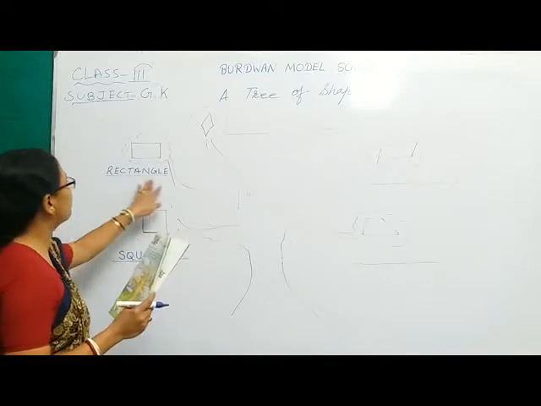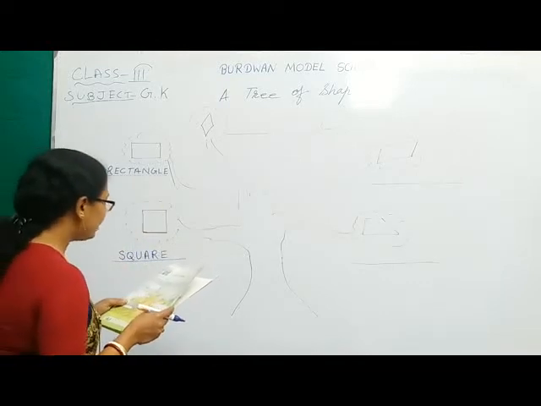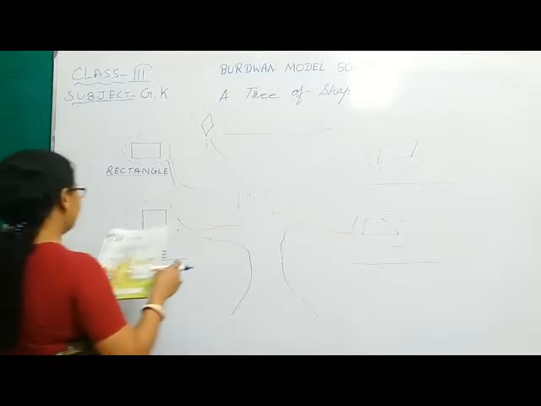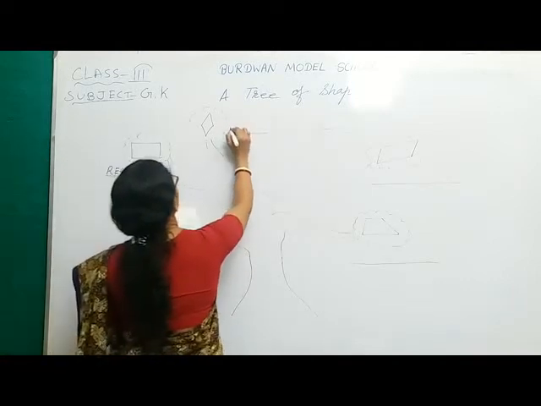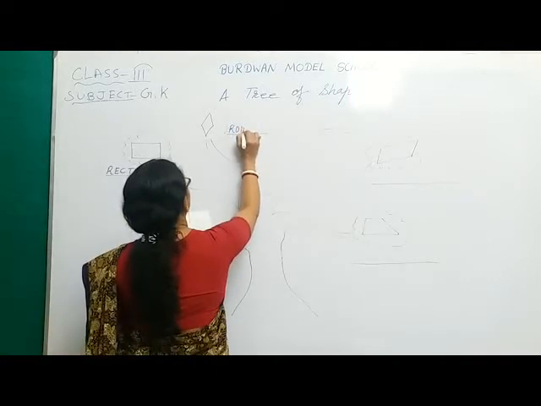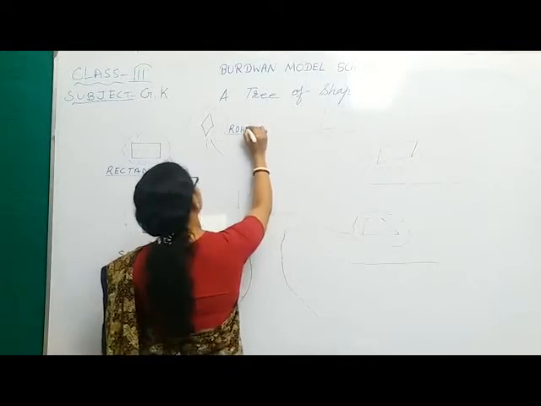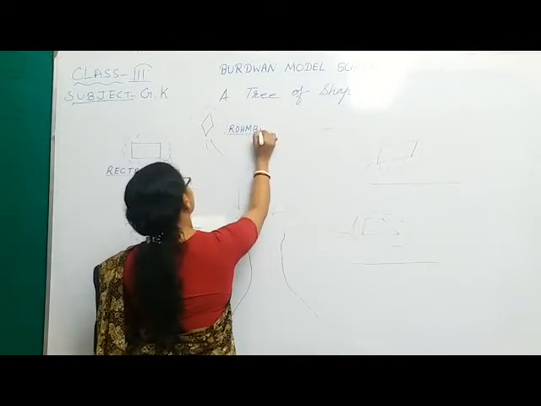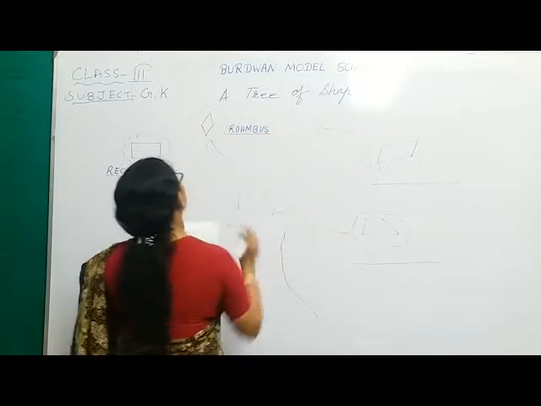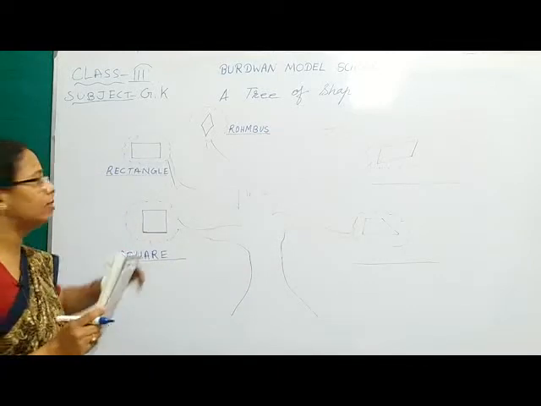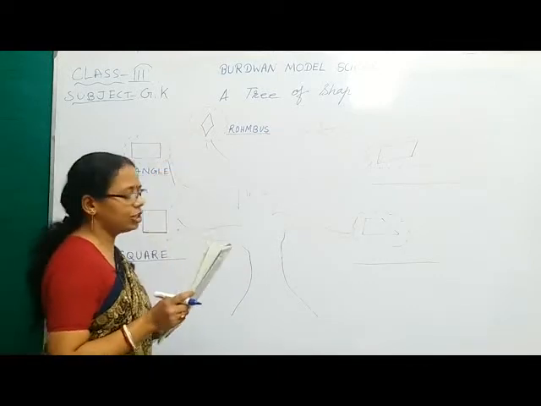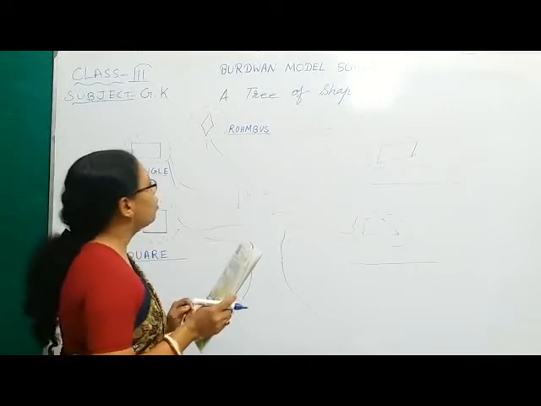So here is the spelling of rectangle. Next comes rhombus. Here is the spelling. So here is the spelling rhombus. This is the shape, diamond shape, and it's called rhombus.